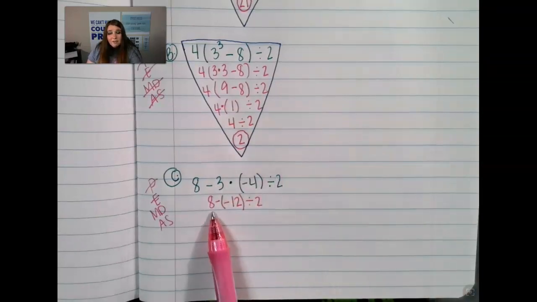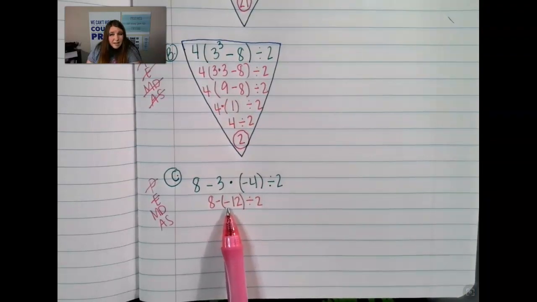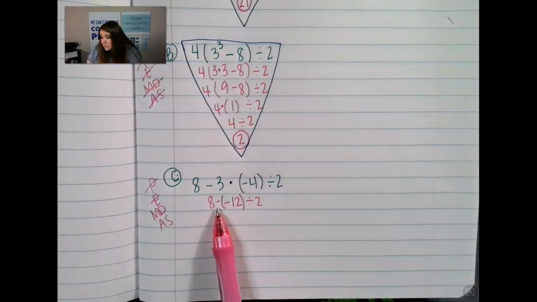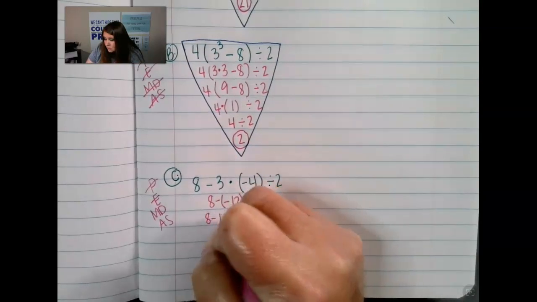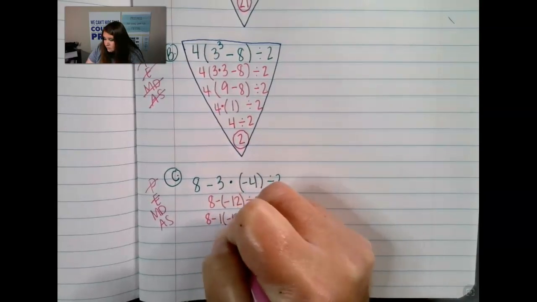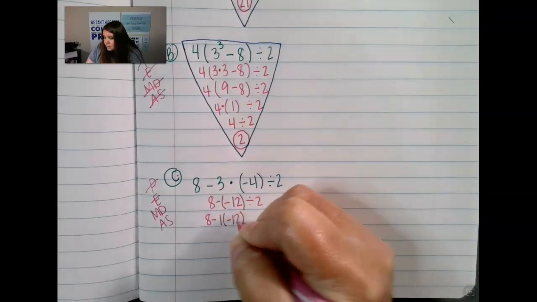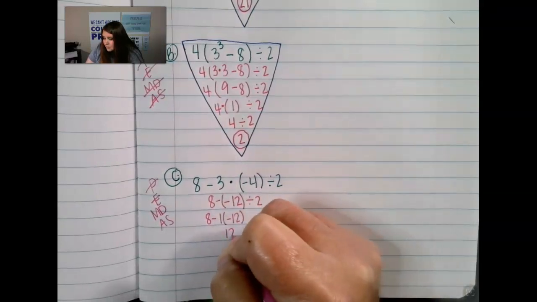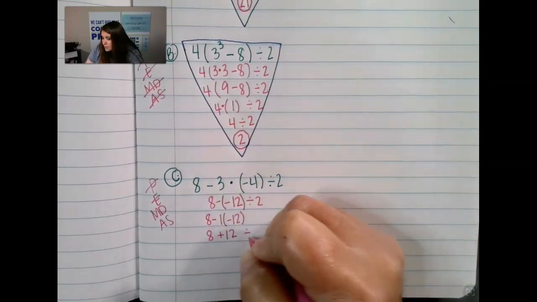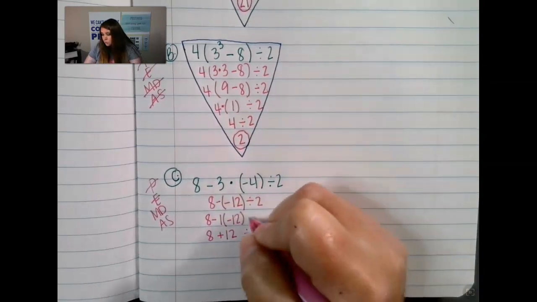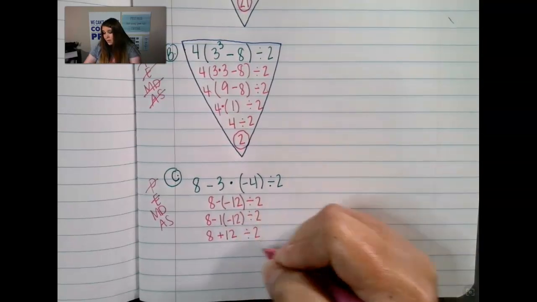So now I have 8, and I have to do the opposite. I had negative times a negative. That gives me a positive. So remember that this is the same thing as saying that I have 8 minus 1 times negative 12. Negative 1 times a negative 12 just gives you a positive 12. I can then drop down my 2. So I don't want to forget about that too.